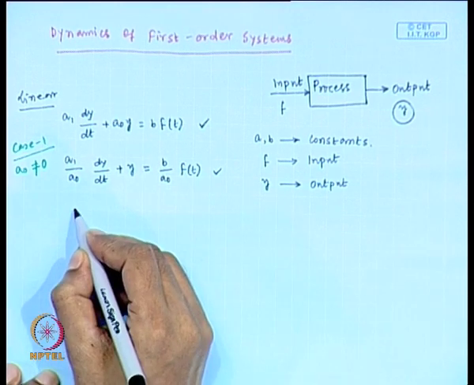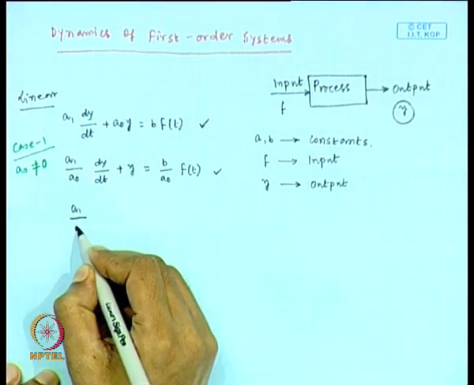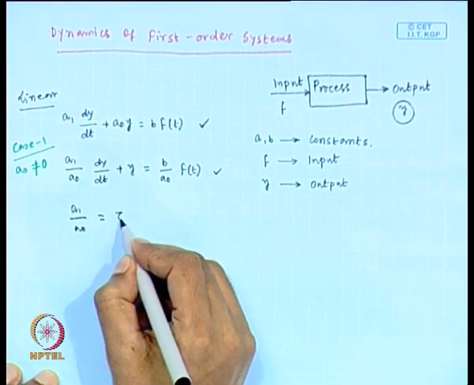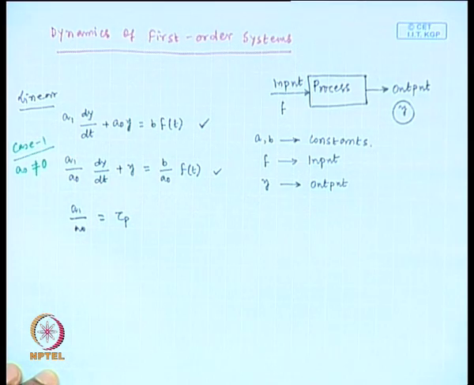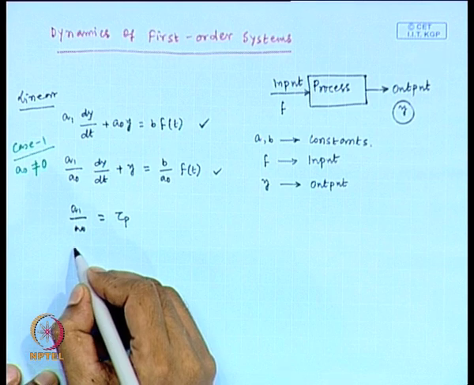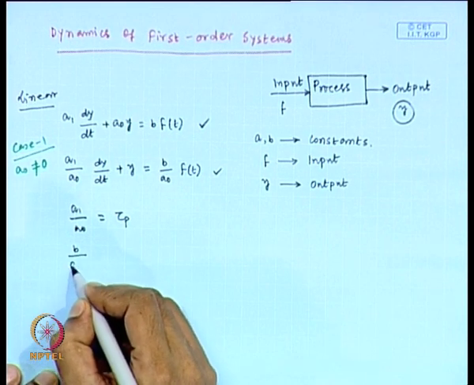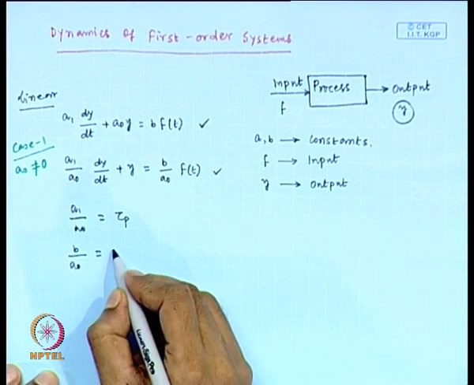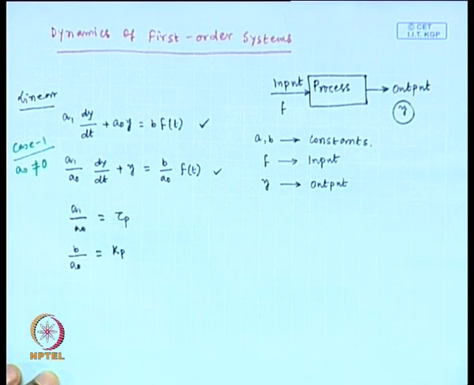Now, after rearranging this first order linear differential equation, we get this. Now, we will represent a 1 by a naught by the term tau p, and another term, b divided by a naught, will be represented by k p.